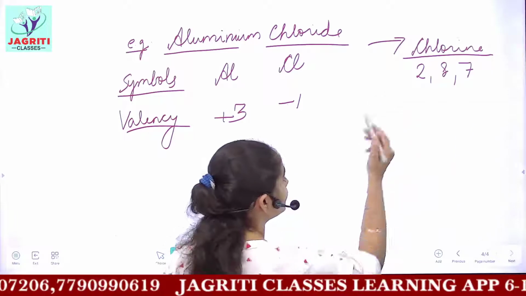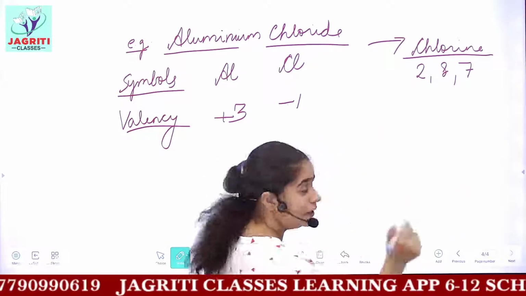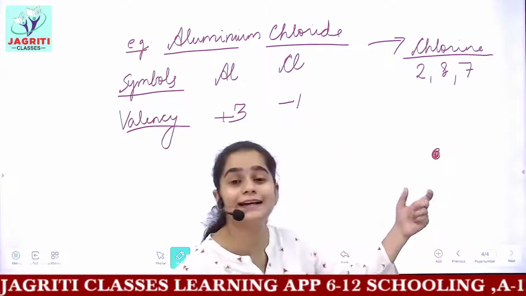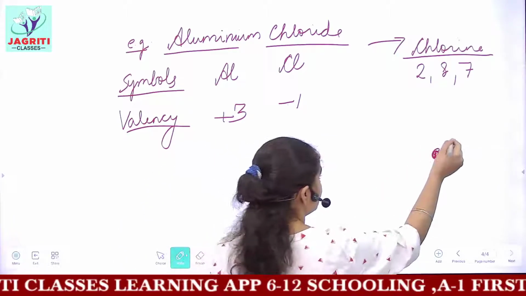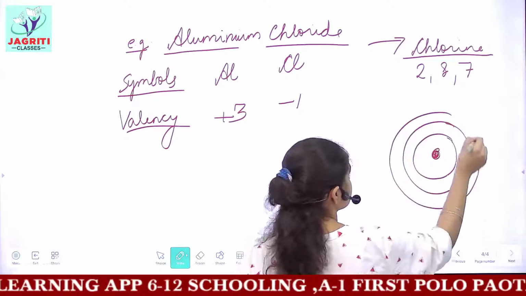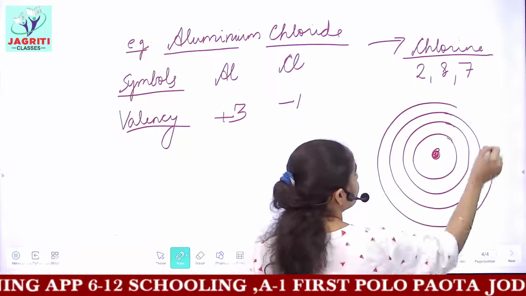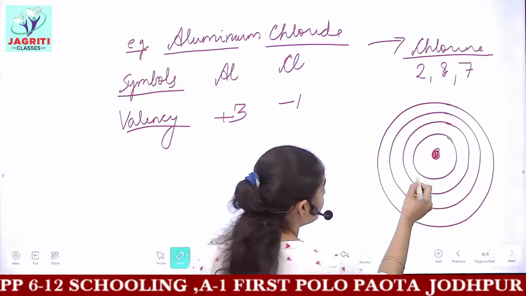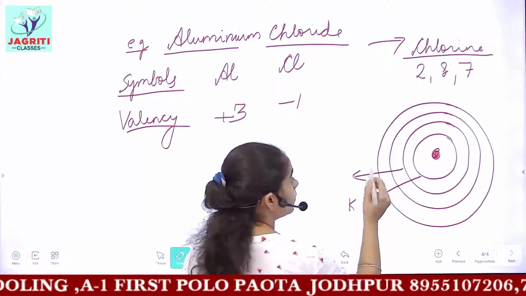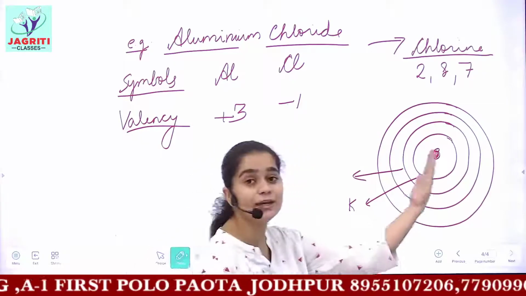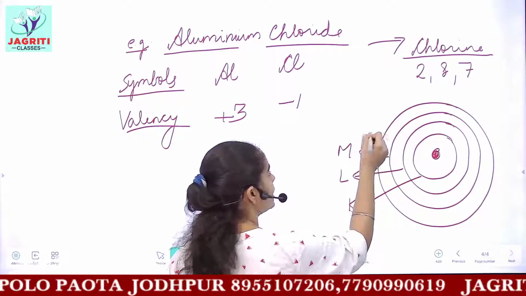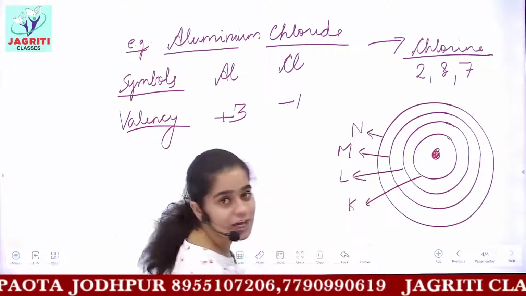Any atom can be represented as a sphere. In the center of the atom you have a nucleus, and then you have different shells around this nucleus. These shells are named as follows: the innermost shell is called the K shell. Then, moving outwards from the inside, you have the L shell, then the M shell, and the last is the N shell.